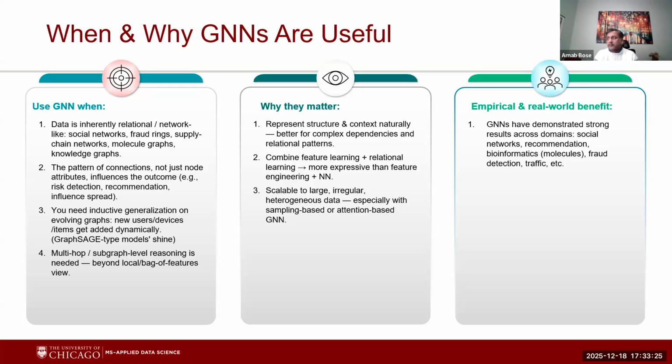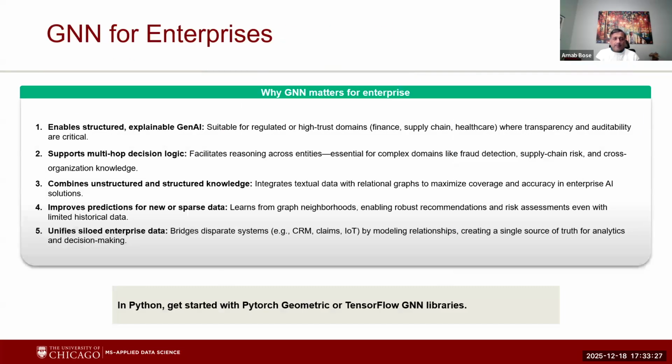Graphs are very powerful for that. And when you use GNNs for enterprise, they do suffer a bit from explainability, but they are a lot more explainable than, say, large deep learning neural networks.